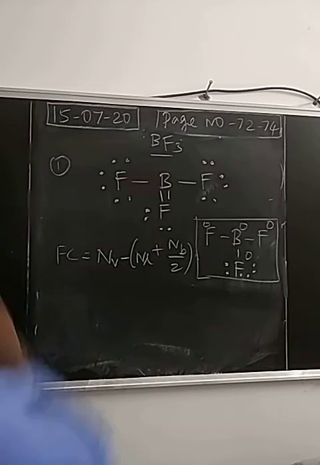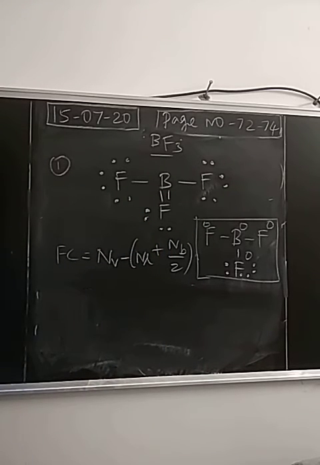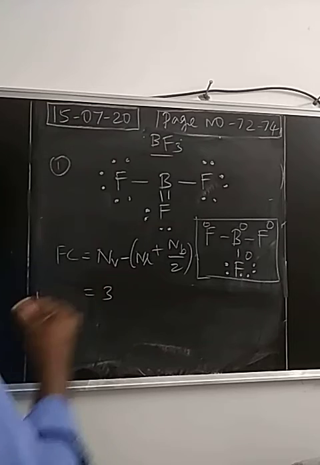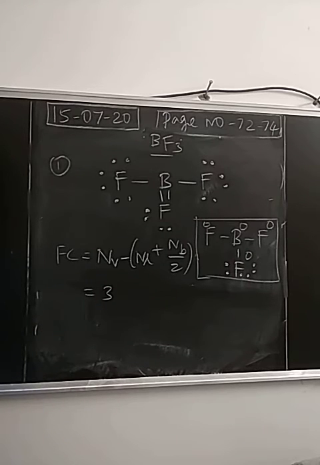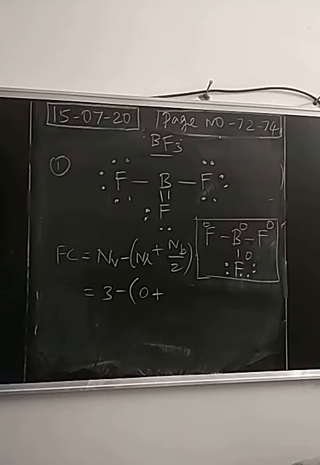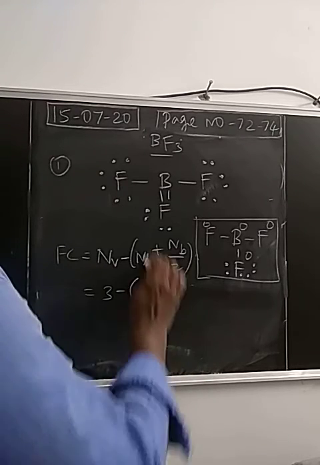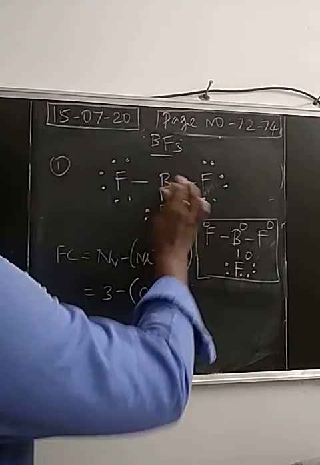Now consider this structure. Boron as usual, the same, isn't it? Boron valence electrons 3. Formal charge calculation for the central atom boron, valence electrons 3. How many electrons are present as lone pair? 0. How many electrons are present as bonded pair? 2, 4, 6, 8.